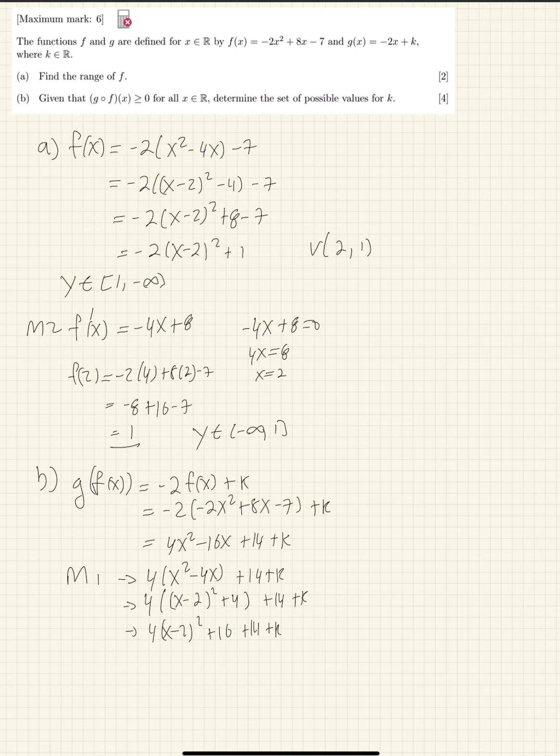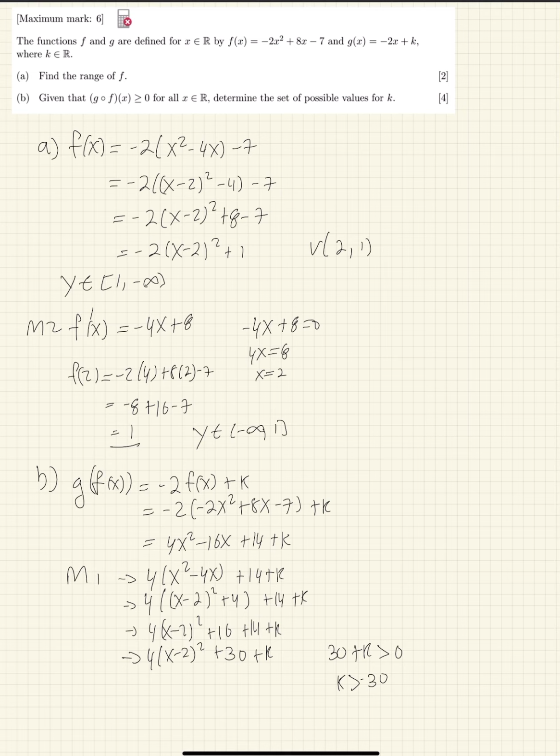Okay, in which case now we would get 4 times (x minus 2) squared plus 30 plus k. And here we just need 30 plus k to be greater than 0. So k just needs to be greater than... sorry, greater than minus 30 in this case.